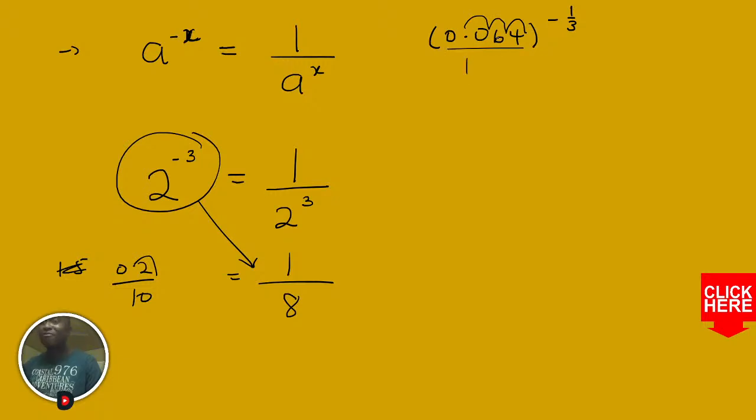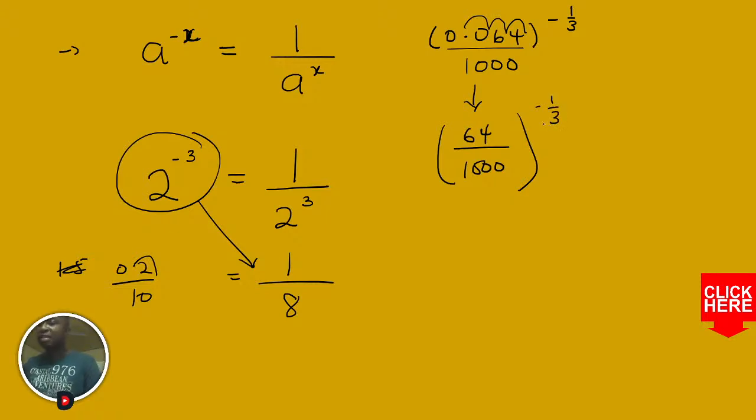So 0.064 is now 64 divided by 1,000. We'll put that in the brackets and place the index there.